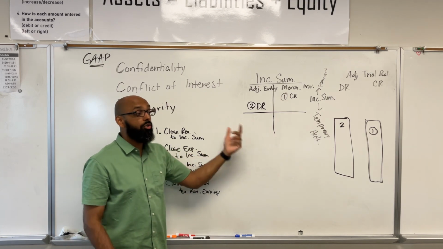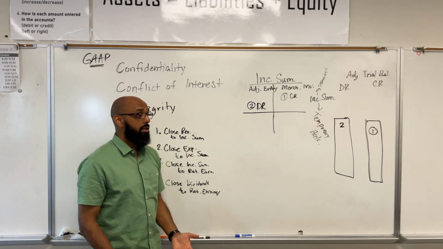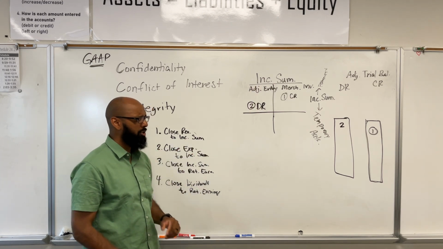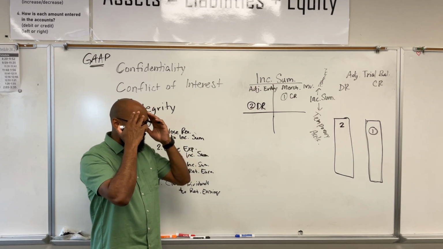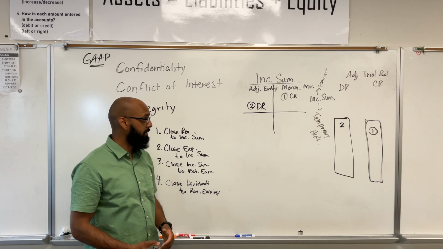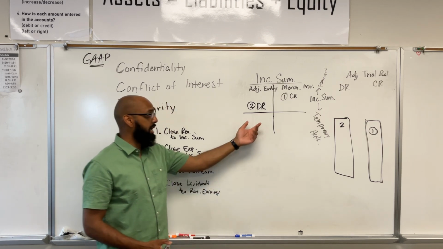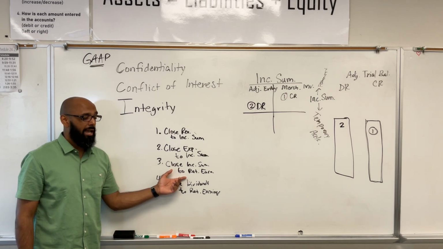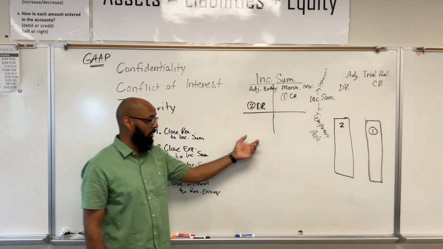And what that would also indicate to you, if you have a debit balance in your income summary account after your first two closing entries, is that you had a net loss during the period, because you're going to be debiting retained earnings and crediting income summary to close it.